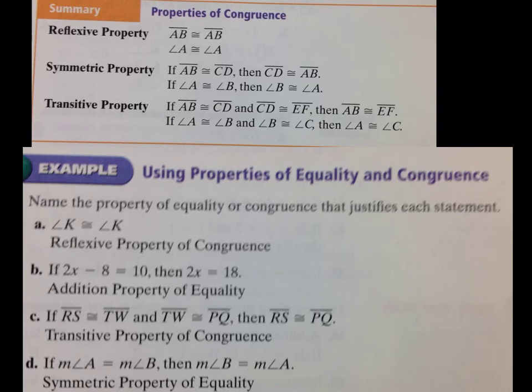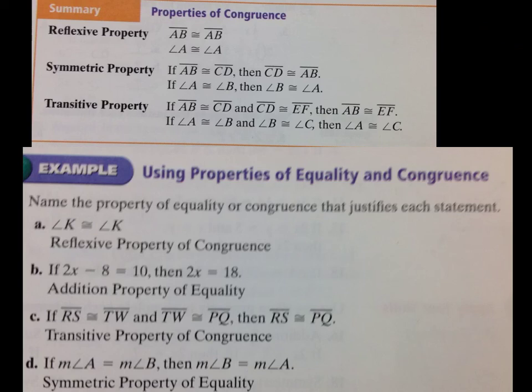In part B, you're going to add 8 to both sides to go from if 2x minus 8 equals 10 to 2x equals 18. So that's the addition property of equality. In part C, if segment RS is congruent to segment TW, and segment TW is congruent to segment PQ, then segment RS is congruent to segment PQ, is transitive property of congruence.